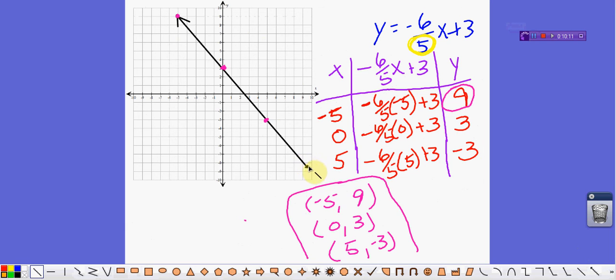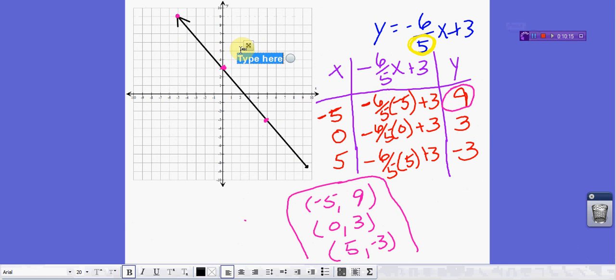There's a little arrow right there. And I would write the equation of my line here that I just graphed. We have y equals negative 6 divided by 5 x plus 3. And I'm done.